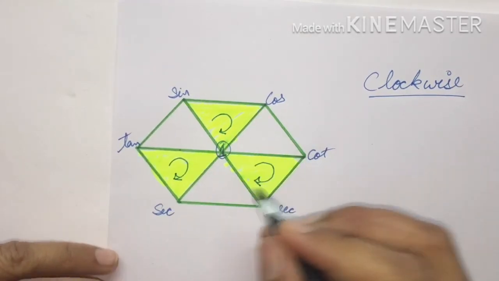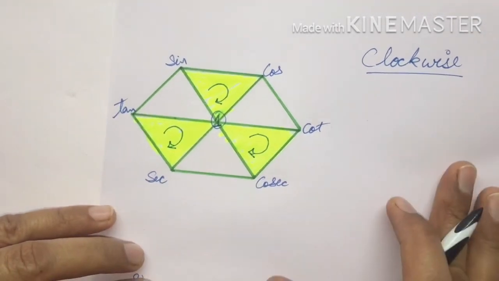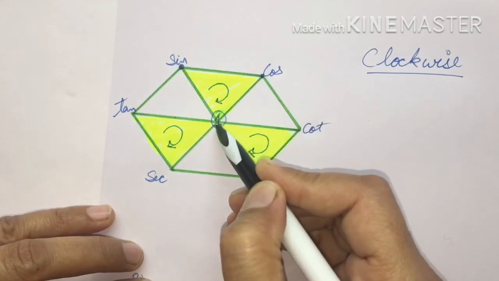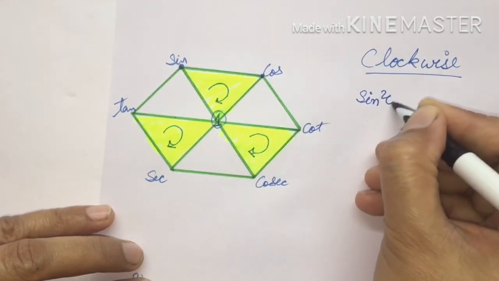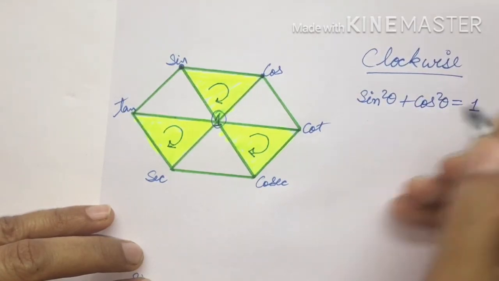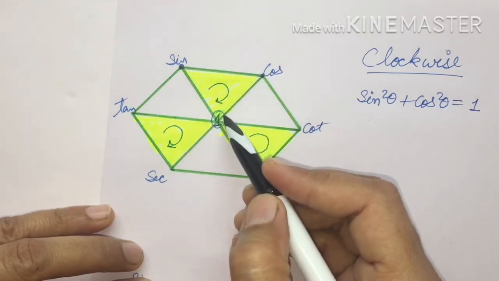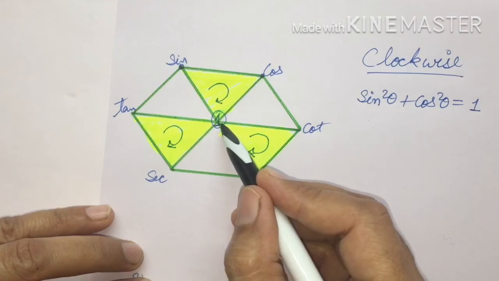We will move first in the clockwise direction, and what we get is: this function plus this function is equal to 1. So sine square theta plus cos square theta is equal to 1. This is from this triangle. Now the next triangle, the arrow starts from 1.